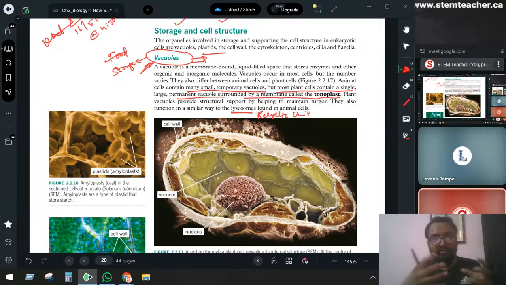So once the food is collected, then it is sent to the ribosomes and everything. It comes to the energy transformation. Then after that, new food will come and new energy will form. So that's why when we eat, we get energy. Everything in the process is channeled. Okay. But for plant cells, there is no such process. So the food has to be collected. So that is a big vacuole.